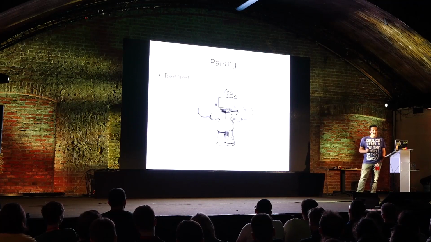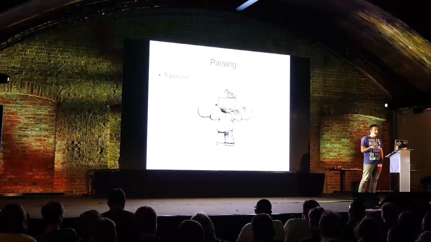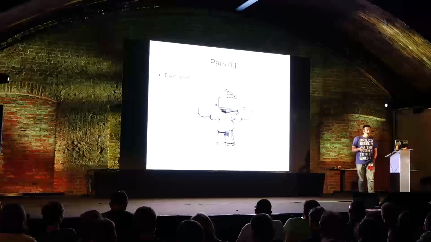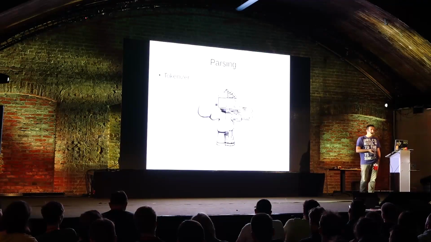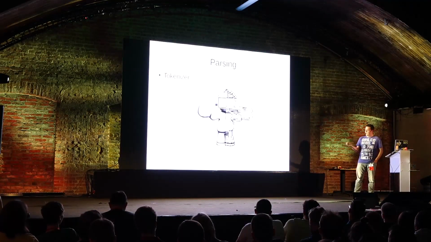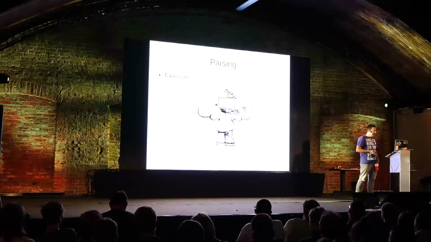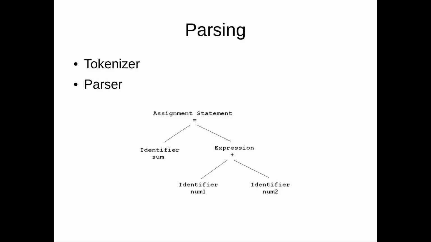The value of each token can be anything, as long as it adheres to whatever type of token it is. So for a number, it can have any number of bytes, as long as there are only number bytes. Or in some cases like hexadecimal, you can have the X and that sort of thing. The parser only works on tokens, so it doesn't have to worry about, for example, white space anymore. It just doesn't care. It only sees tokens. It will use those tokens and combine them into a parse tree.